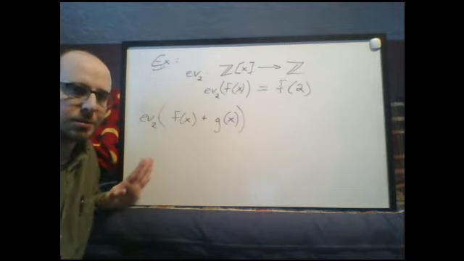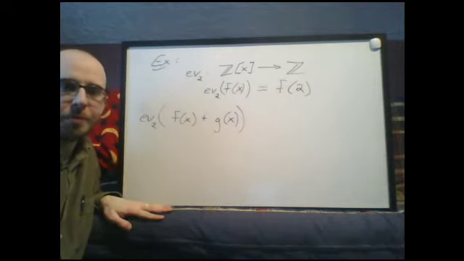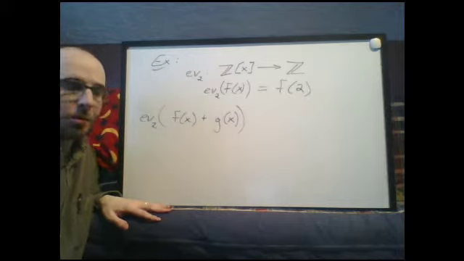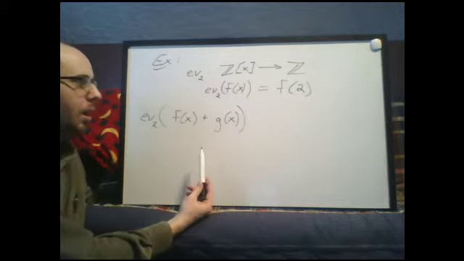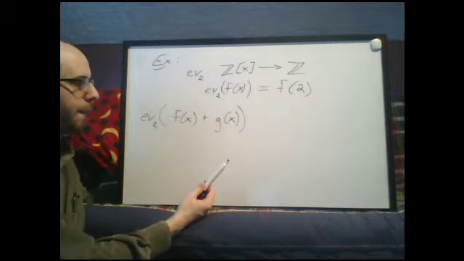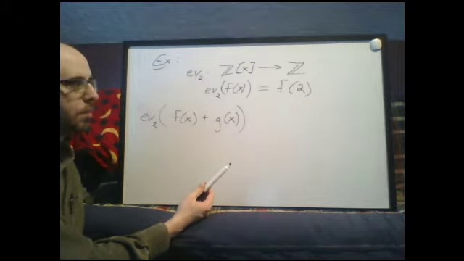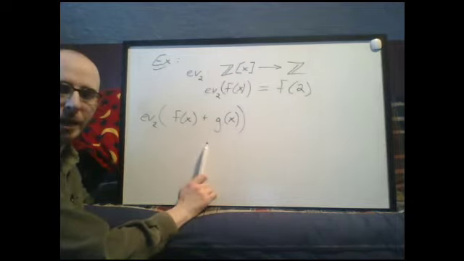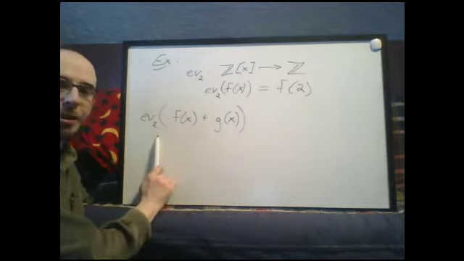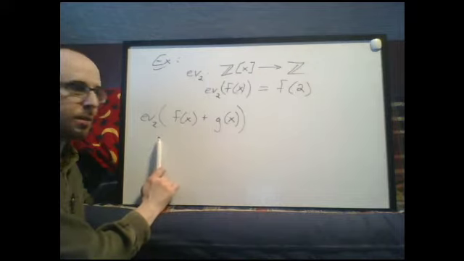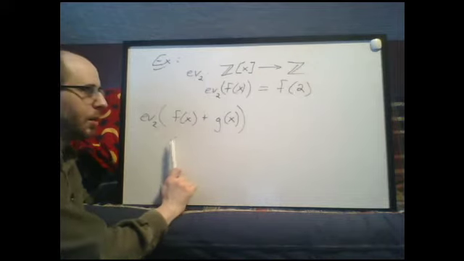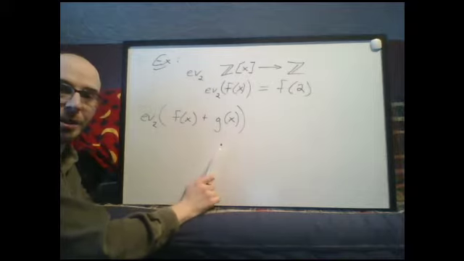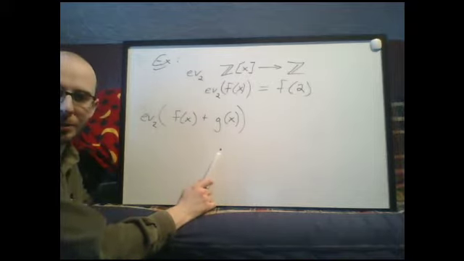Let me just do it according to what we know from algebra. If I'm adding two polynomials, I'm just combining like terms. If I want to plug in a value, it doesn't matter if I plug it in before I combine like terms or after I combine like terms.